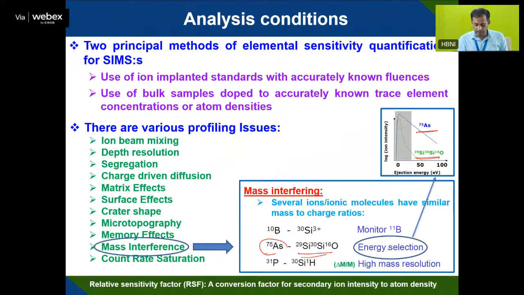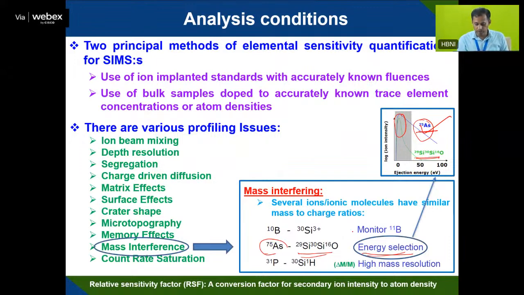To differentiate them, you can use energy selection. You can see the spectra here: the arsenic spectrum is broadly distributed, while silicon is sharp and then decreases. So if you go for a particular energy selection in this zone, you will get mainly arsenic. But if you go to this selection area, then you will get an overlapping of both.